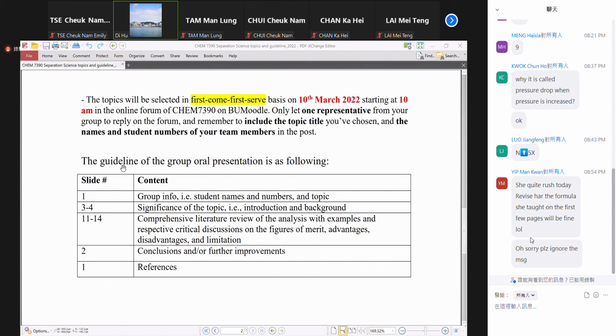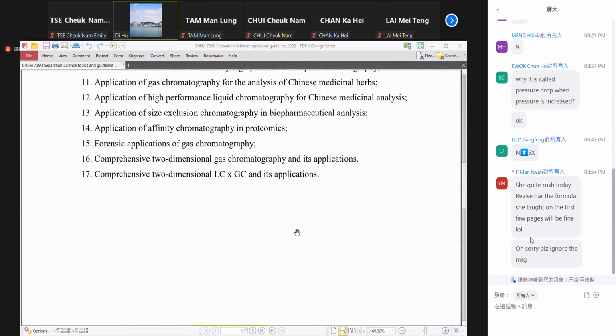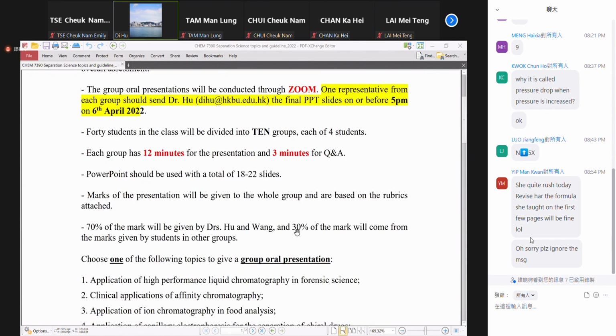That one was very long, but here you only have 12 minutes, so don't give a very long one. In the end, give a conclusion and indicate future techniques and what can be improved. I already uploaded this onto BU e-learning, and you can download it now.